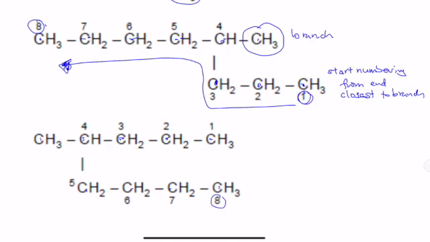You would end up with 8 carbons, and this ends up being a branch off that main chain when it's not part of the continuation. And you want that branch to be having the lowest possible number. So this is, instead of 1, 2, 3, 4, 5, 6, 7, 8, I'll show you what happens if you number it this direction. 1, 2, 3, 4, 5, 6, 7, 8. So this branch is going to be off carbon 4 if you number it from right to left.